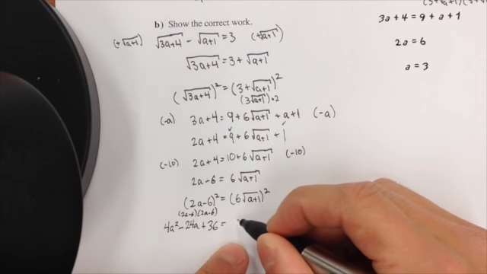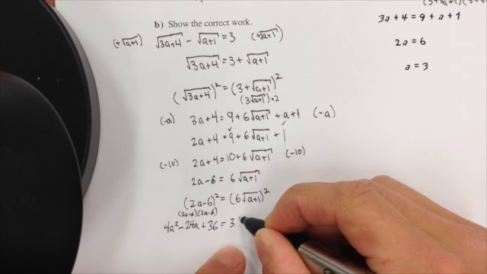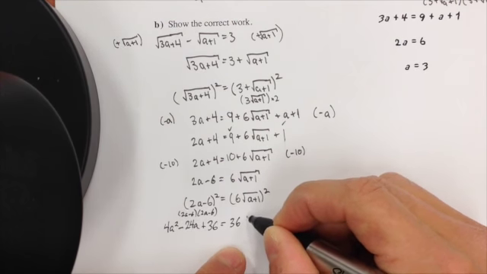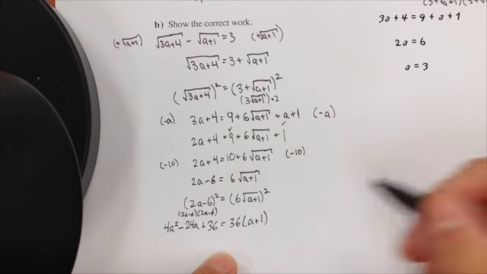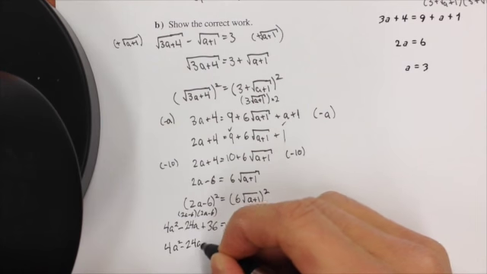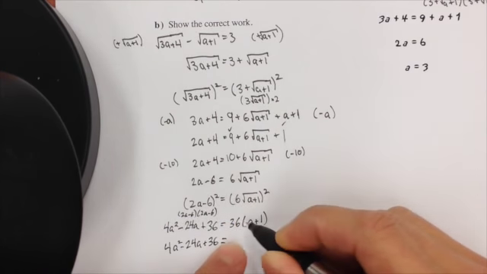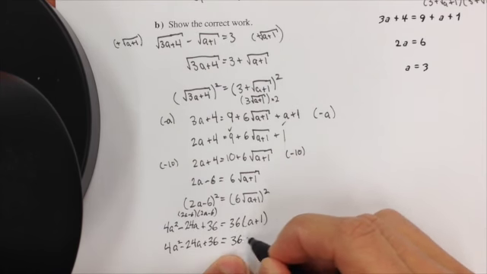And on this side of the equation, we're going to be left with 6 squared is 36, and then a plus 1. I didn't change anything over here, but over here this is going to become 36.